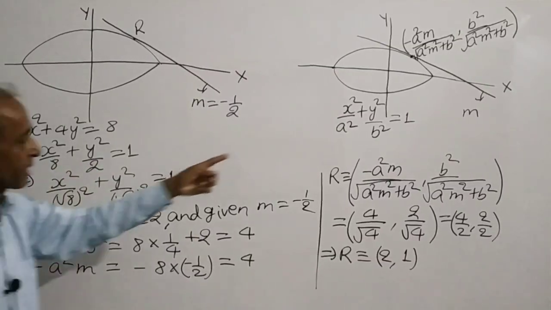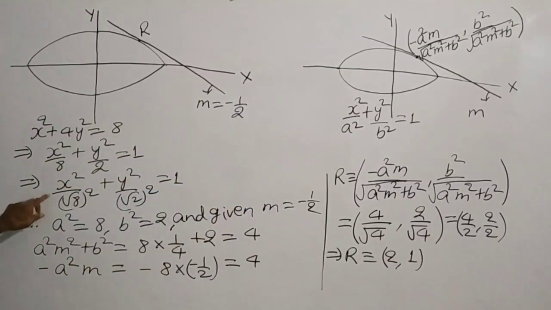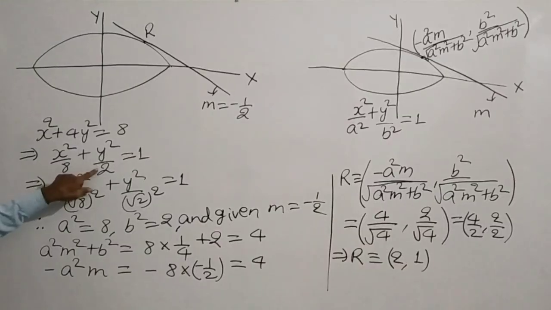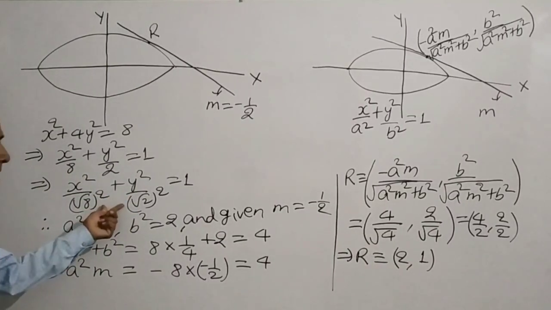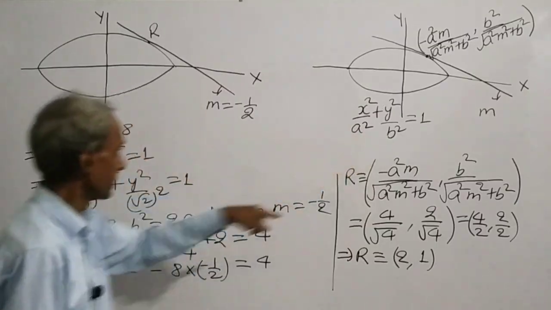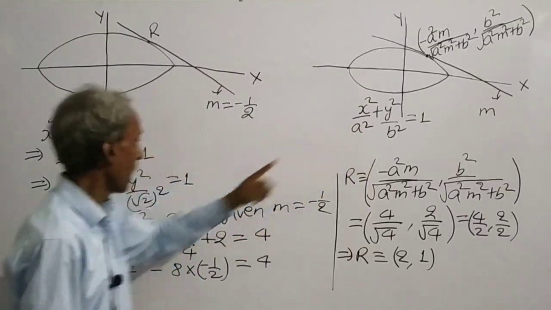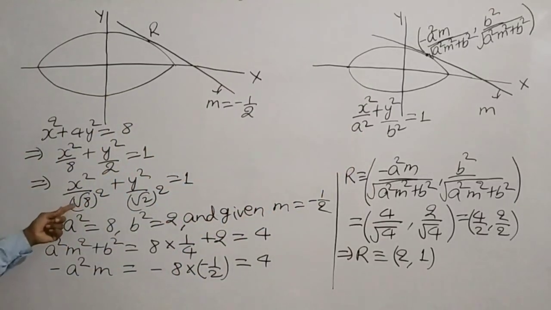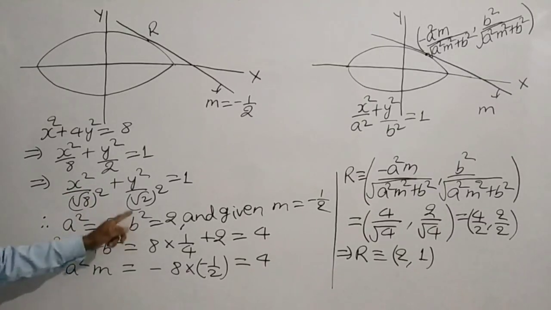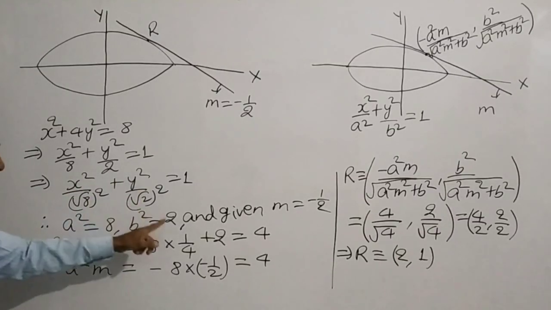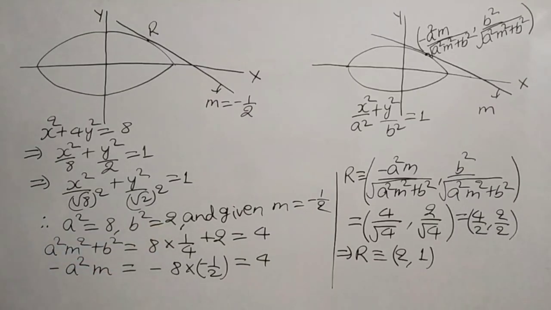This 8 can be written as root 8 square. This 2 can be written as root 2 square. Comparing this with this, we get a square is equal to root 8 square, which means 8. b square is root 2 square, that is equal to 2.